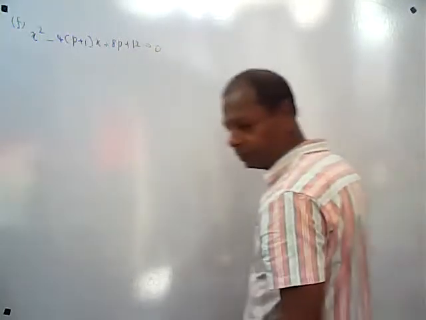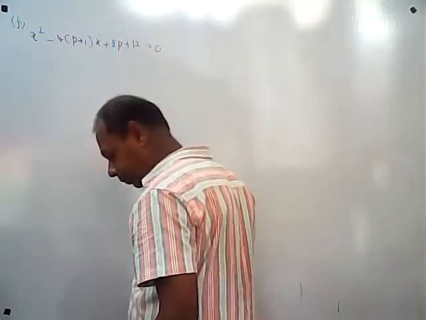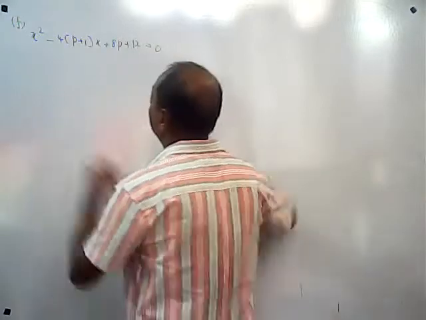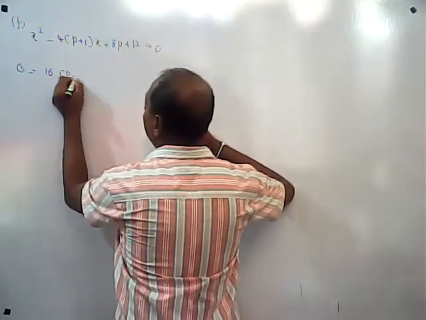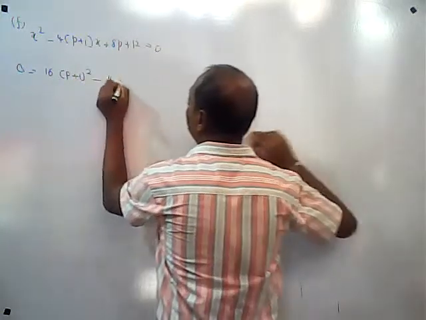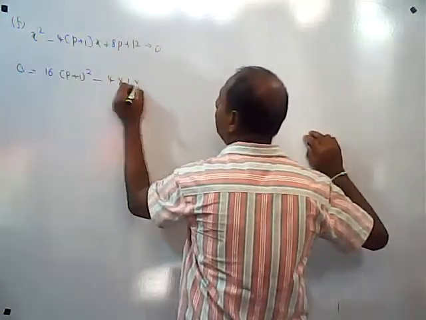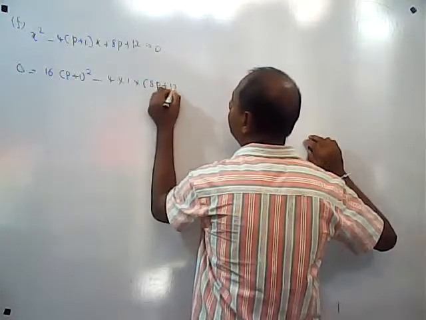So delta is equal to b squared, 16 p plus 1 squared, minus 4, where a is 1 and c is 8p plus 12.